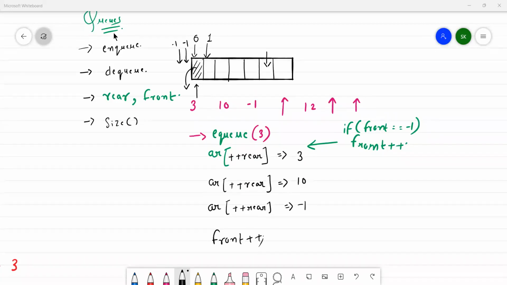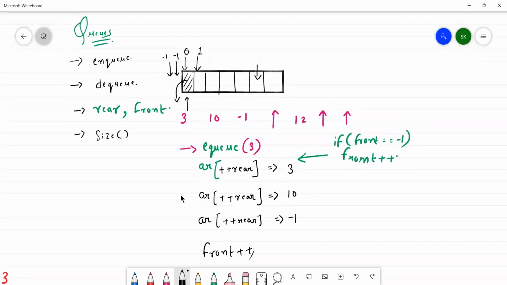I'm sorry, I didn't get this part. So when we are doing the NQ, both pointers are moving simultaneously for the first time. So for every NQ there will be forward movement of rear, and for front, there won't be forward movement. Clear or not? Let me put it this way.